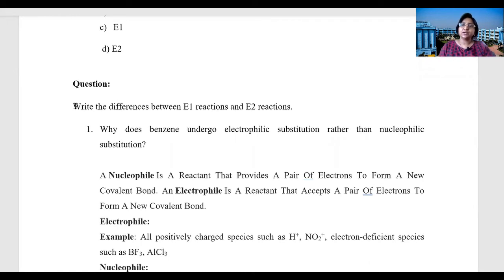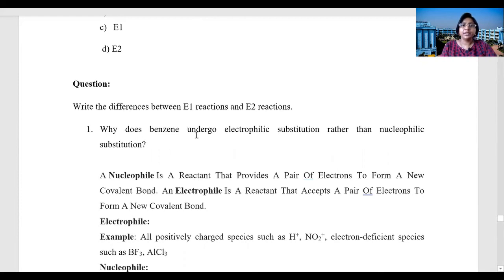One has 2 steps and the other is a single step, with elimination taking place in the transition state. So when you write the difference, write it in tabular form and give the figure of any example, showing how the mechanism takes place.